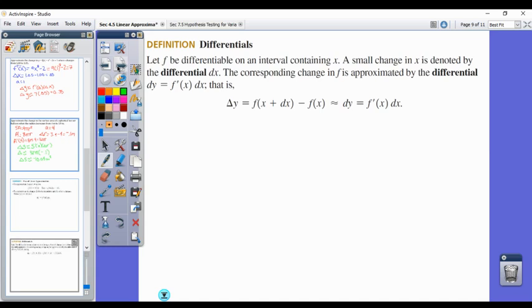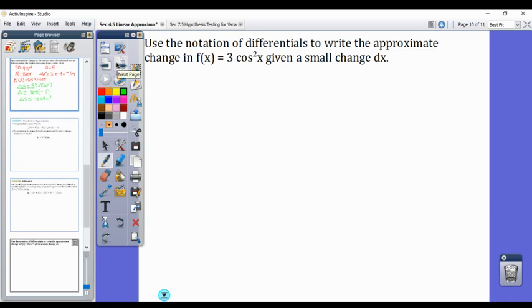Okay, so this is going to look a lot like that implicit differentiation that we did back in chapter 3. All right, so we're going to use the same notation. So we're going to say that dy is equal to f prime of x dx.